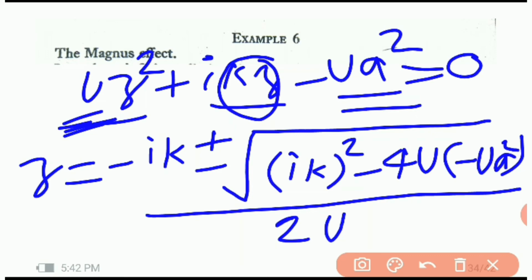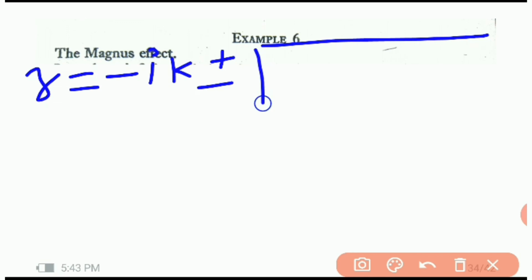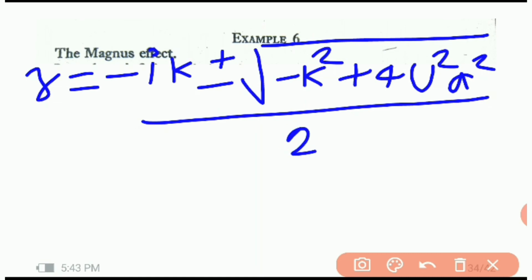So this is equal to ik plus or minus, i square is minus 1, so minus k square plus 4u square a square upon 2u. So this can be written as z is equal to minus ik plus or minus root minus k square plus 4u square a square divided by 2u.